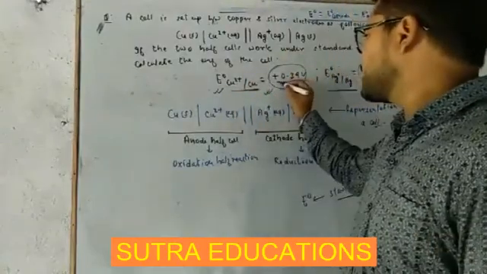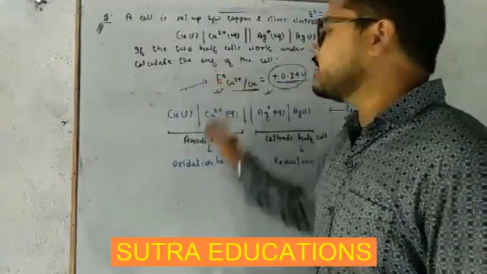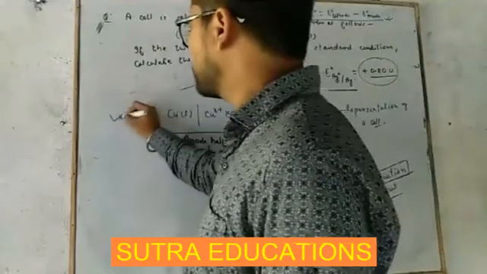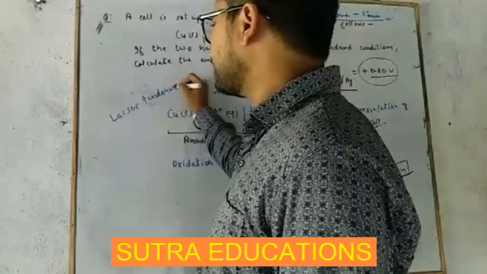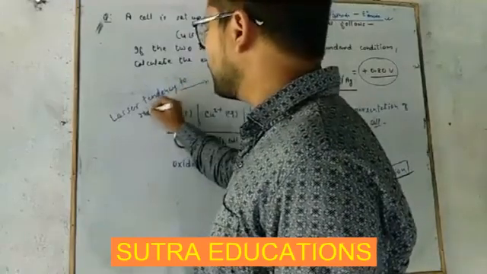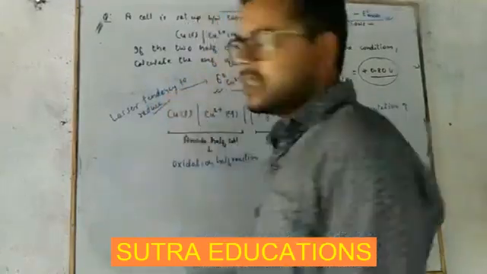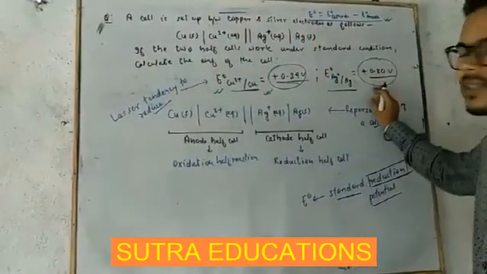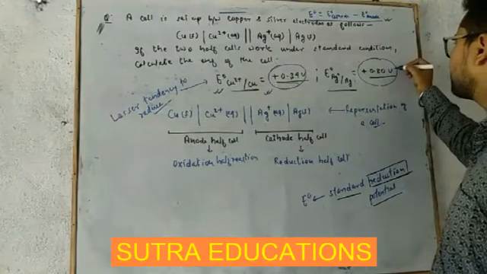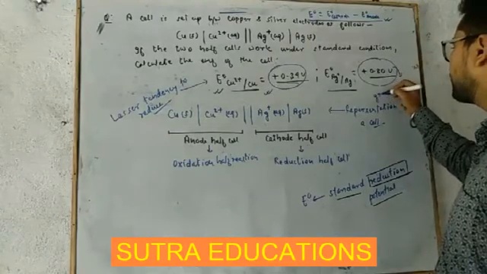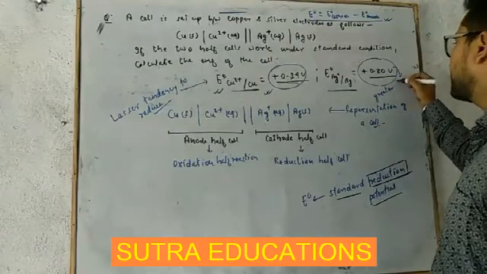If it has more standard reduction potential value, it has a greater tendency to reduce.